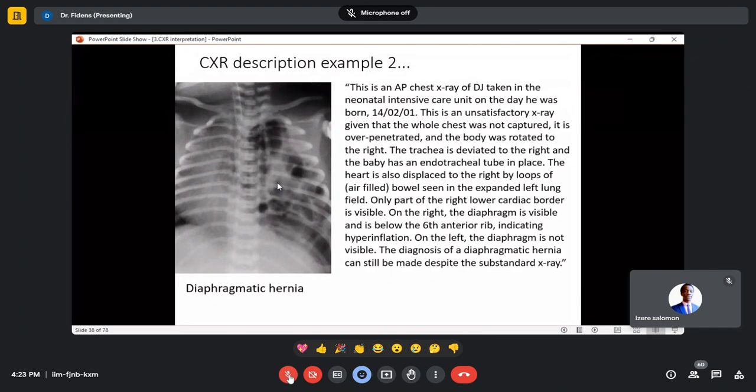And this has even pushed the heart. This is the heart on the right side. The trachea and the heart, the whole mediastinum itself, is pushed to the right side. Okay.